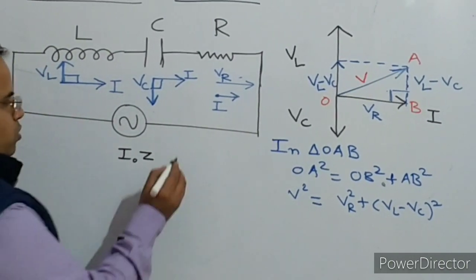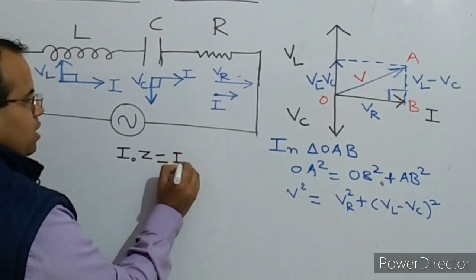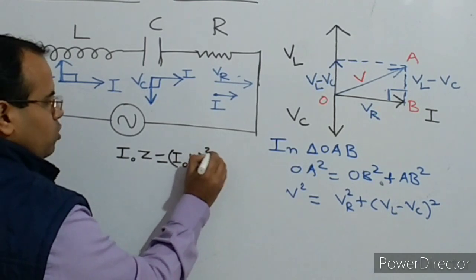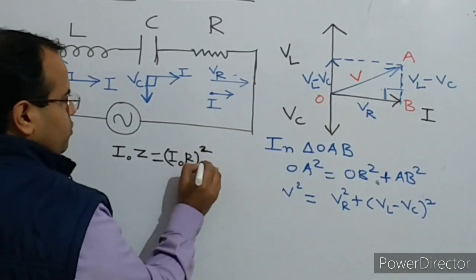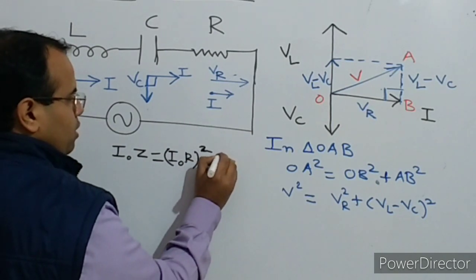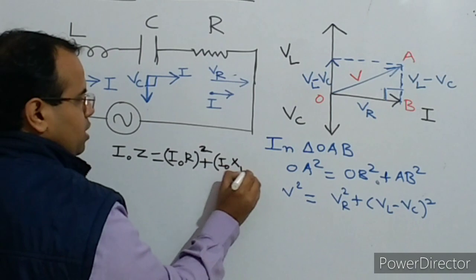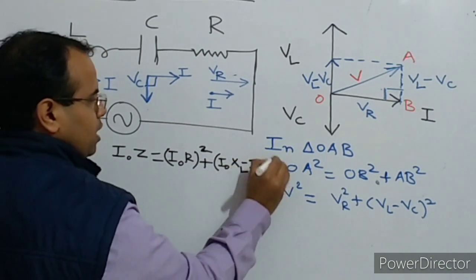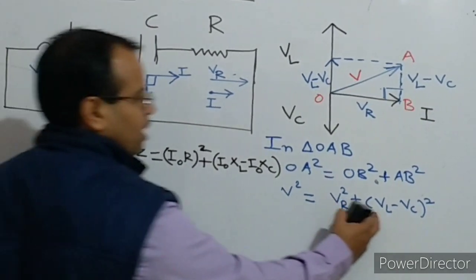Here VR can be written as I naught R, and its square is I naught square R square. Next is VL minus VC, for which you can write I naught XL minus I naught XC.